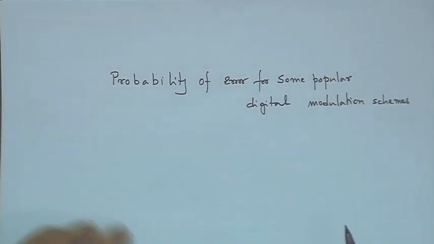We have already identified why we want to call it an error, and just to summarize, since the detector chooses from one of the possible sets, in very layman's terms we can think of it as if there are 4 colored balls and some colored ball has been received from the other side. The detector has to make a choice between which of the possible colored balls it could have been.